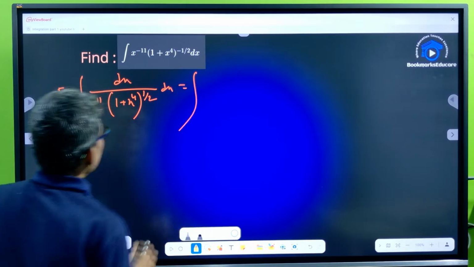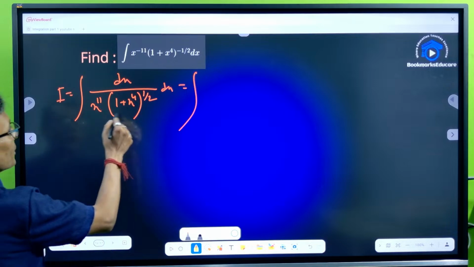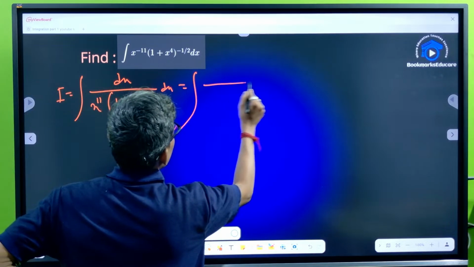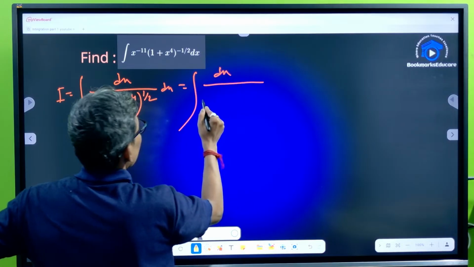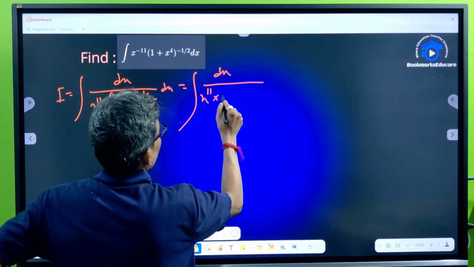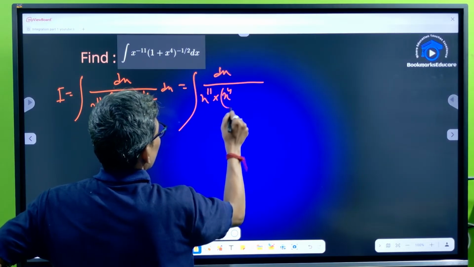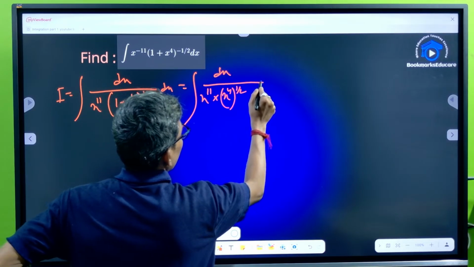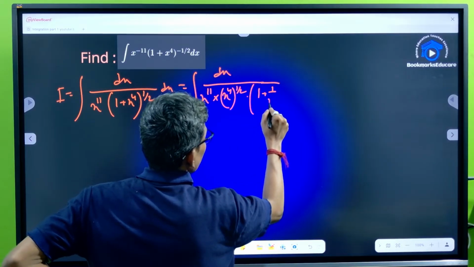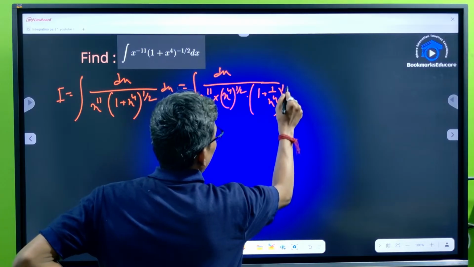So taking x to the power 4 common from this expression, dx by x to the power 11 into x to the power 4 into half whole to the power half into 1 plus 1 by x to the power 4 whole to the power half.